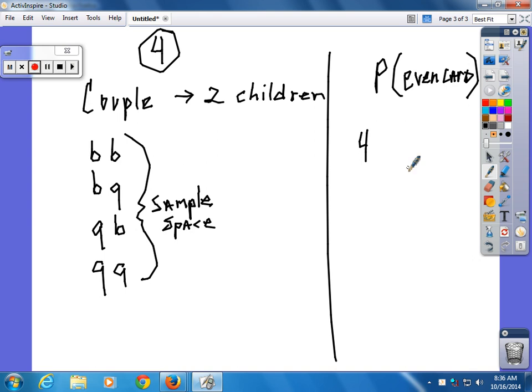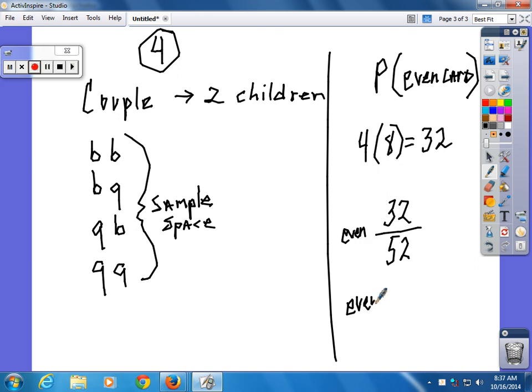Anyway, 4 times 8 is equal to 32, and then we did 32 over 52. And if we wanted the odd cards, the rest of them, that would be 20 over 52. So not even would equal 20 over 52.